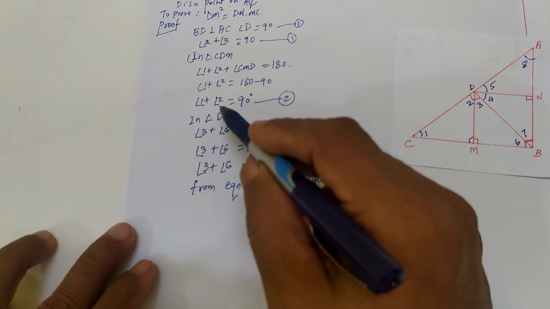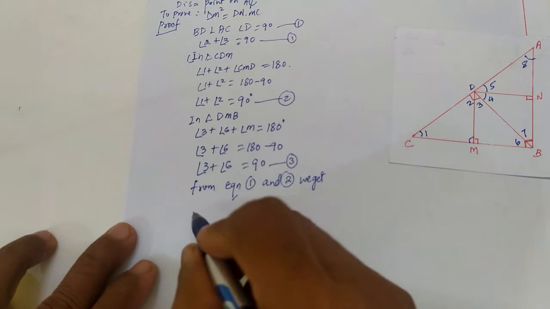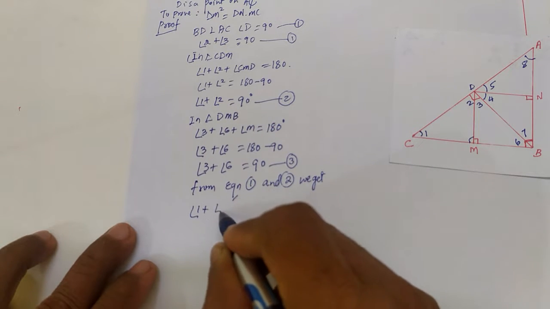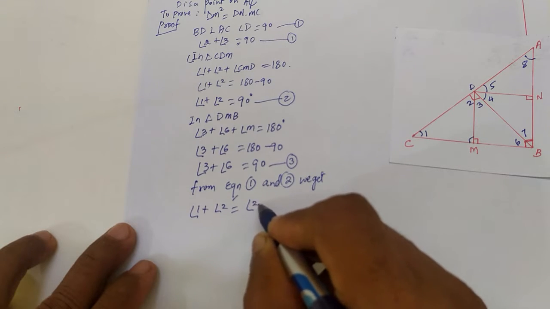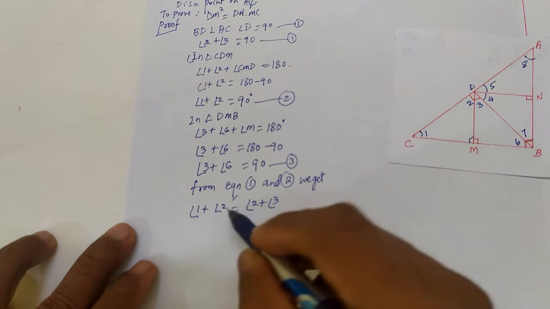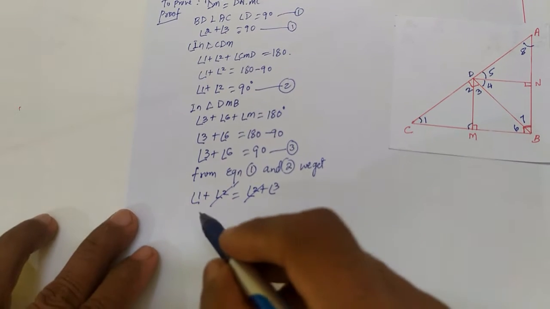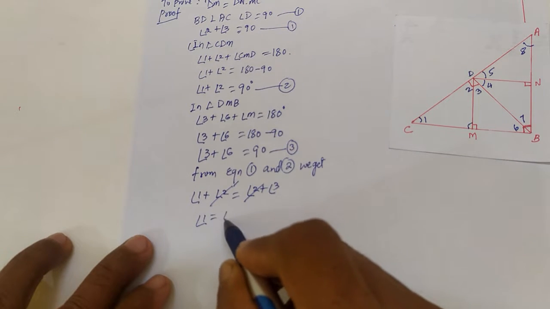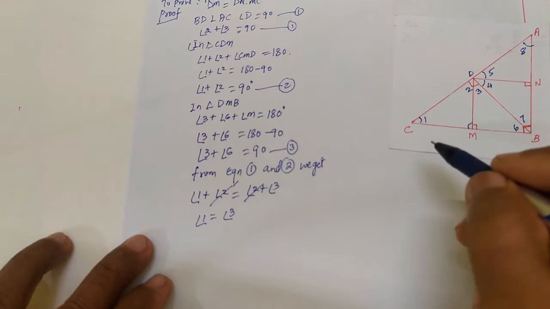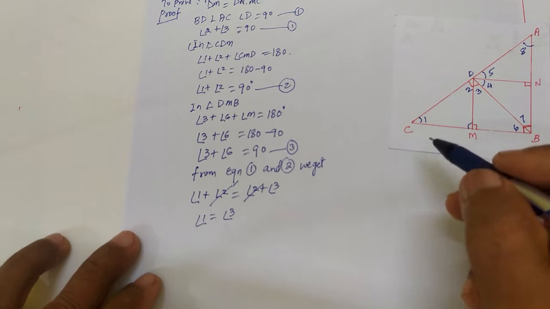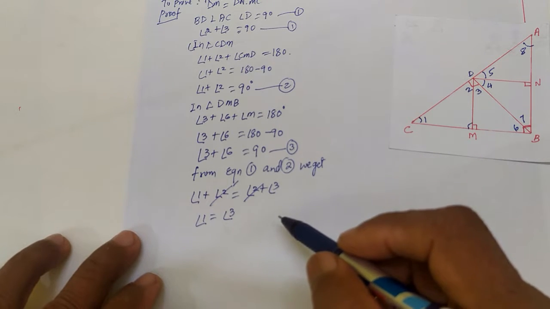Angle 2 plus angle 3 is angle 2 plus angle 1. You can see angle 2 will get cancelled. Therefore what do we get? Angle 1 is equal to angle 3. We get this. So this is understood.